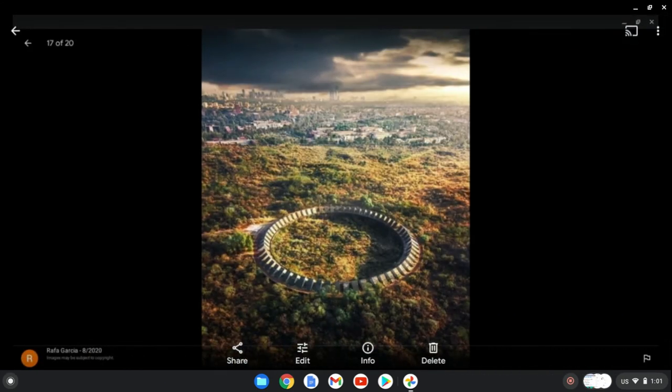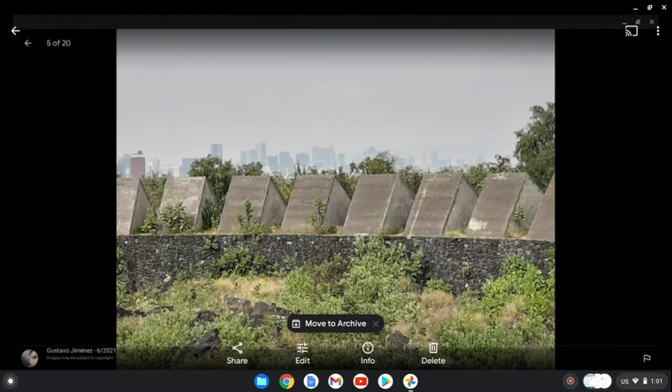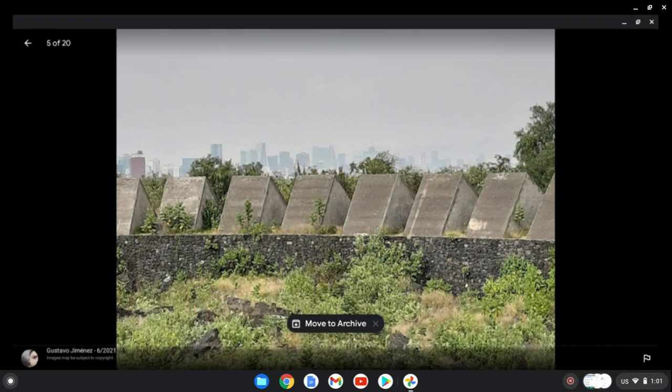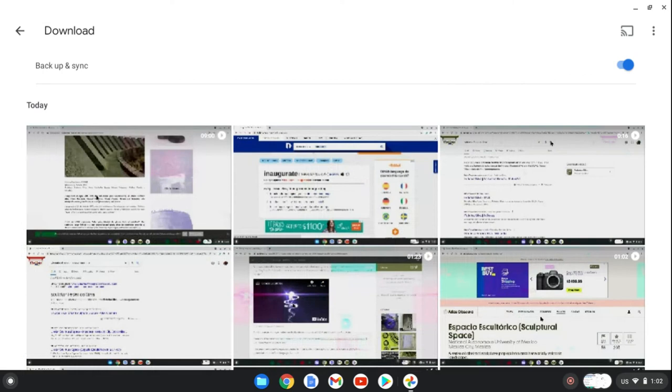All right. Well, like I said, I'm going to wrap this one up, and hopefully I can find, there's Mexico City in the back, and look at that stonework underneath to hold this up, a retaining wall. It looks like cinder block material.